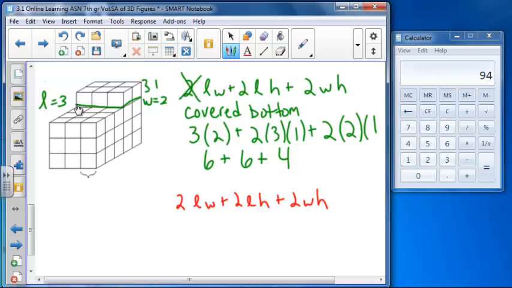The surface area of the top with the bottom removed is 16 inches. So when we consider the bottom shape, the length is 3, the width is 5, and the height is 3.